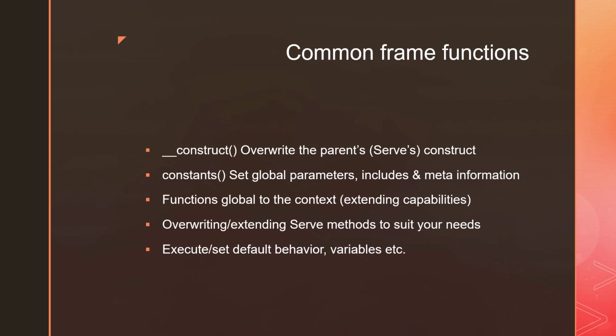Then the constants function. The constants function is by default, I mean, you can also override it, but by default it's empty. This is basically a shortcut, and it's a little bit of a legacy system. You have a couple of includes and parameters, meta information that you want to set globally.